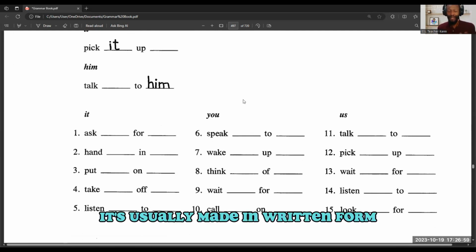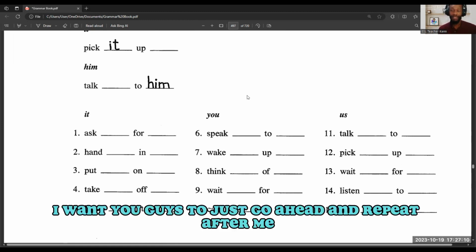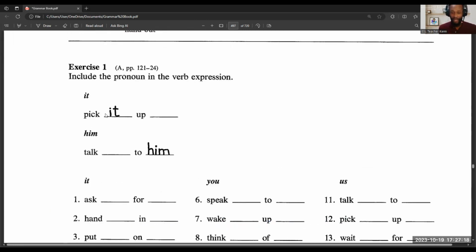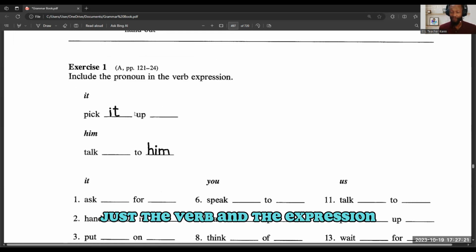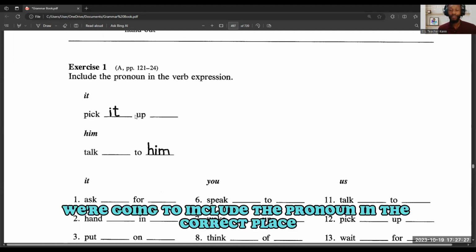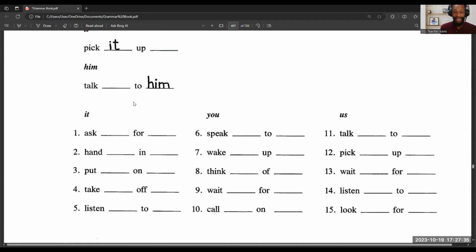It's usually made in written form, but for today's practice, we are going to do it in spoken form. I want you guys to just go ahead and repeat after me. First, we're going to say just the verb and the expression. And after that, we're going to include the pronoun in the correct place. The book has 3 columns.